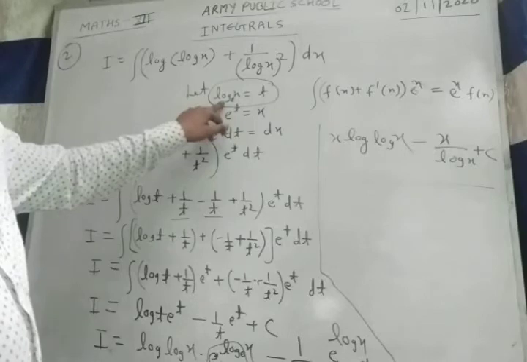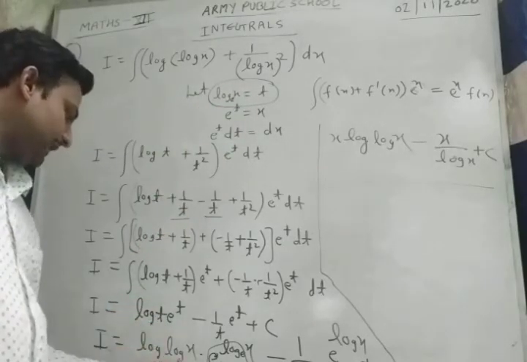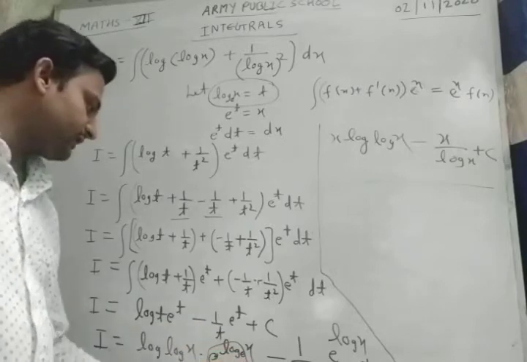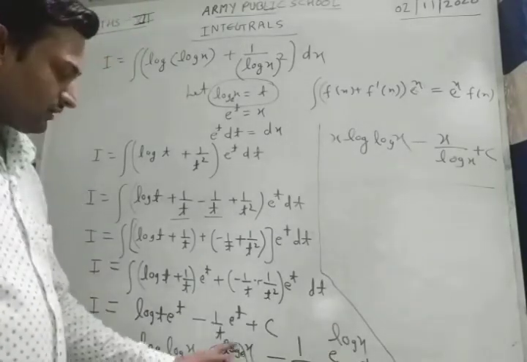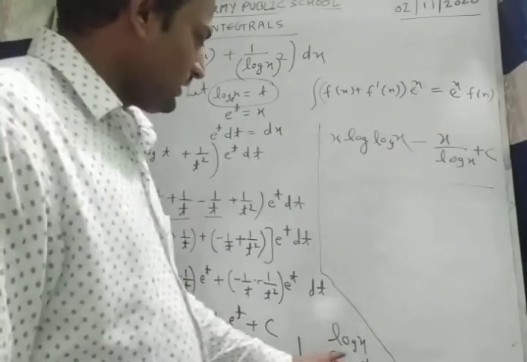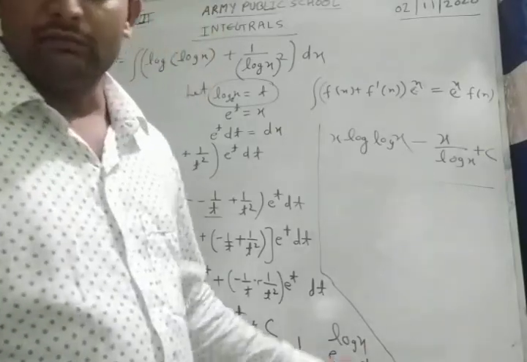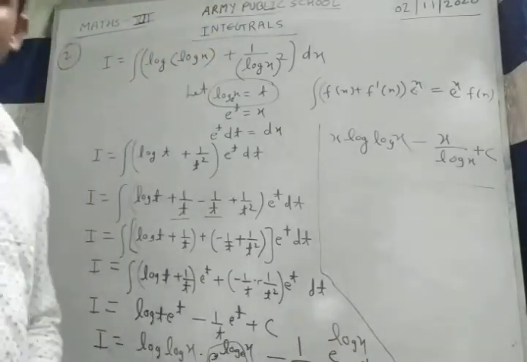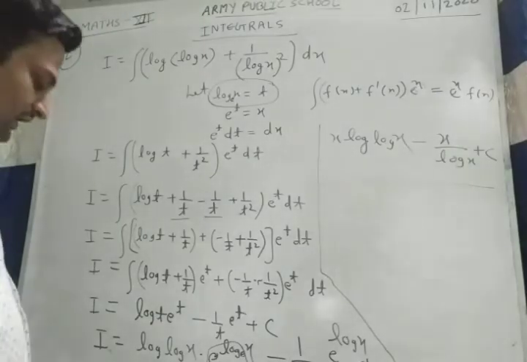What we have taken, log x is t. So we write log x, here log x, again log x. So this term will be x. So we write x log x, minus, this will be again x, so we write x by log x plus c. It will be our integration. I hope you understand better. Okay, so we will see the next question.